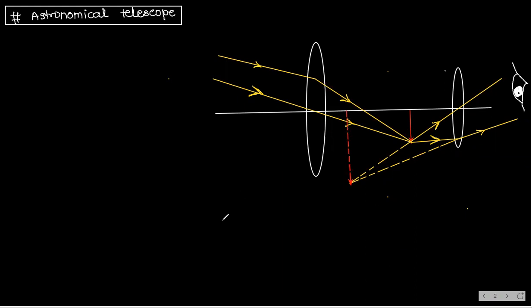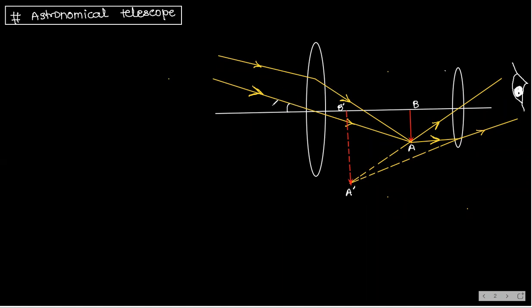So this one is first image, that is AB, and this one is second image, we can say A dash, and this point is B dash.